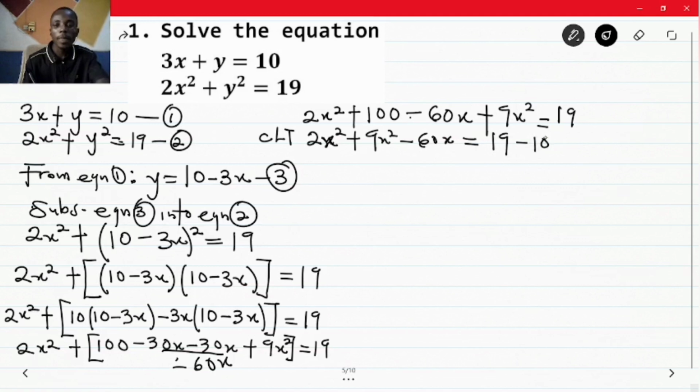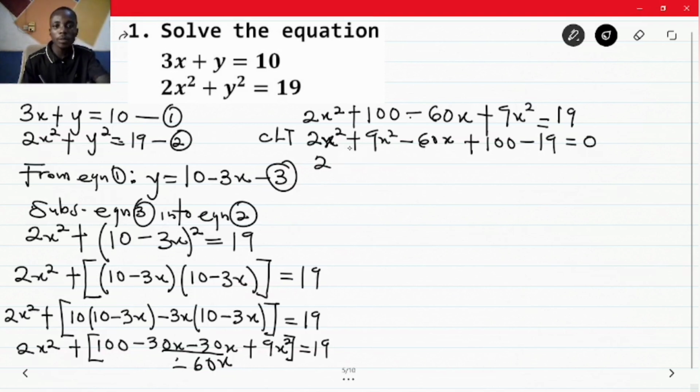Or rather, I can bring 19 to the left hand side, so I will have plus 100 minus 19. Then nothing will be left on the right hand side, 0. So I will have 2x squared, I write that properly, 2x squared.